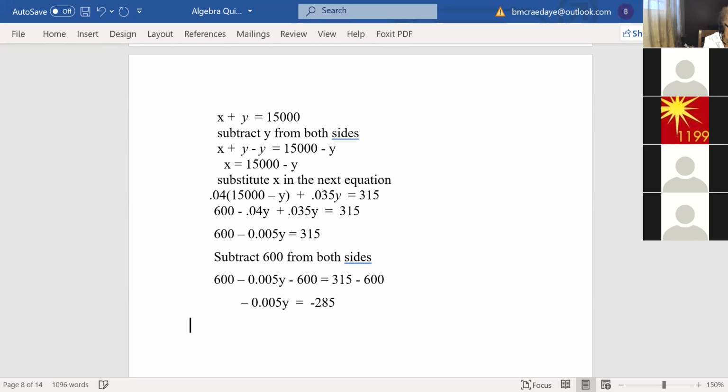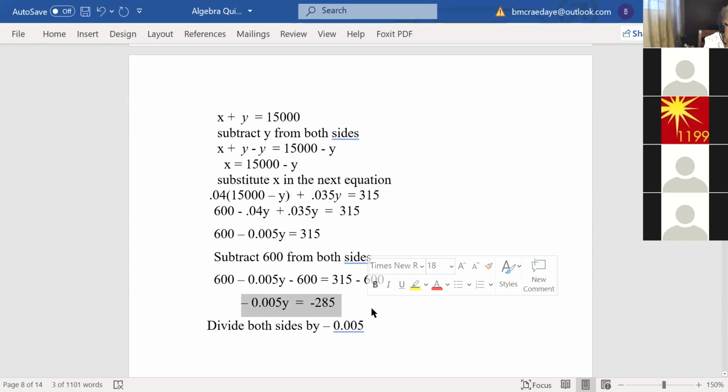So I would divide both sides by minus 0.005.